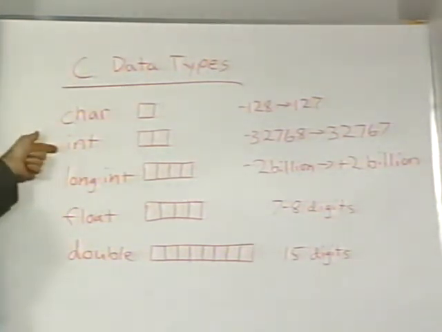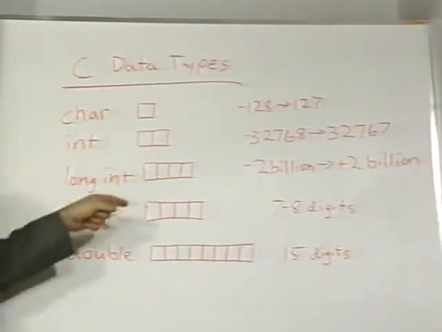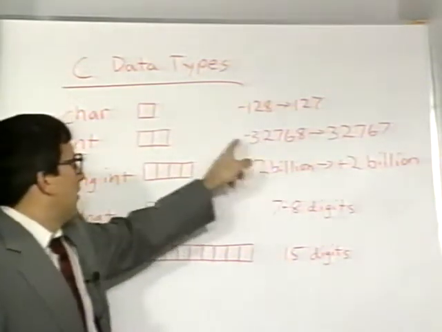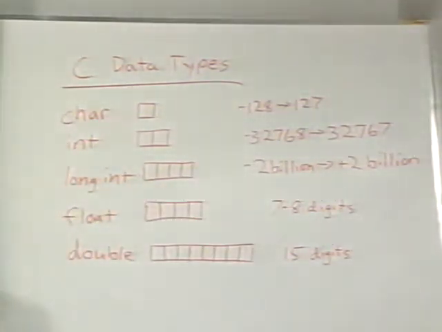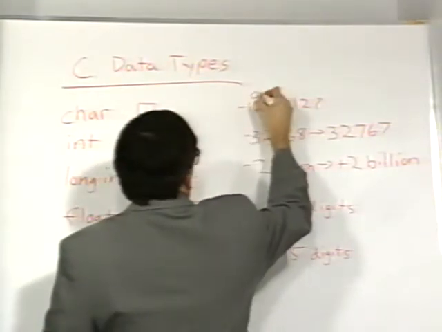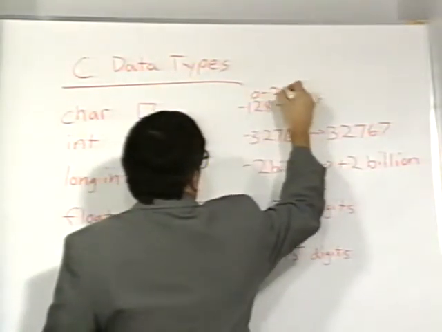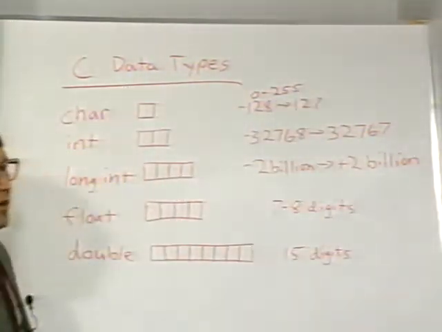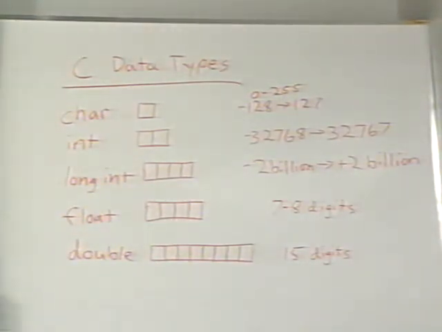The character, integer, and long integer, you'll notice, go from negative to positive in each case. Sometimes it's desirable to go to an entirely positive range. For example, 0 to 255 instead of -128 to 127. In this case, you can put the word unsigned in front of the data type.